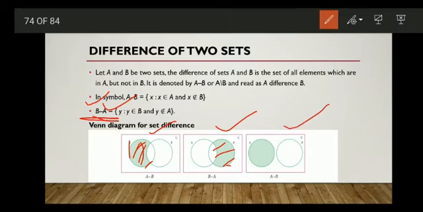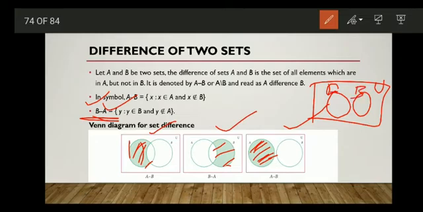So this is the Venn diagram for A difference B when A and B are disjoint sets. When A and B are disjoint sets, we have to shade the whole of A. So what will be B difference A?